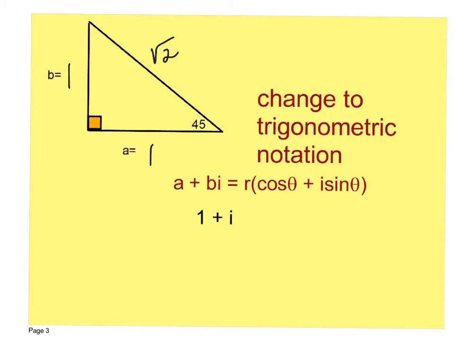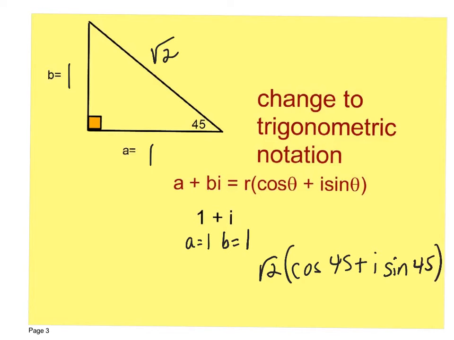So if A is 1 and B is 1, then my new trigonometric notation would take the R, which is the hypotenuse, radical 2, times the cosine of 45 plus i times the sine of 45.